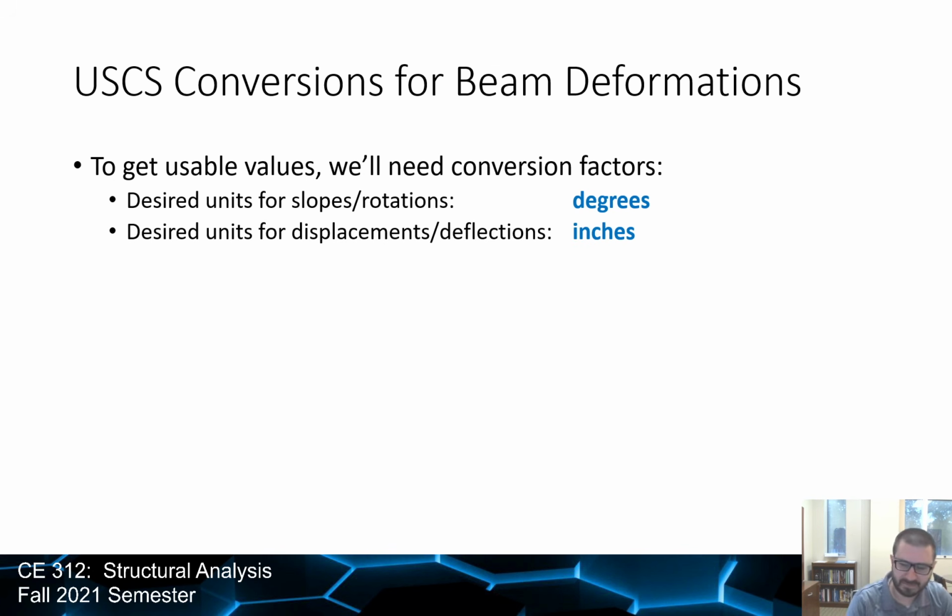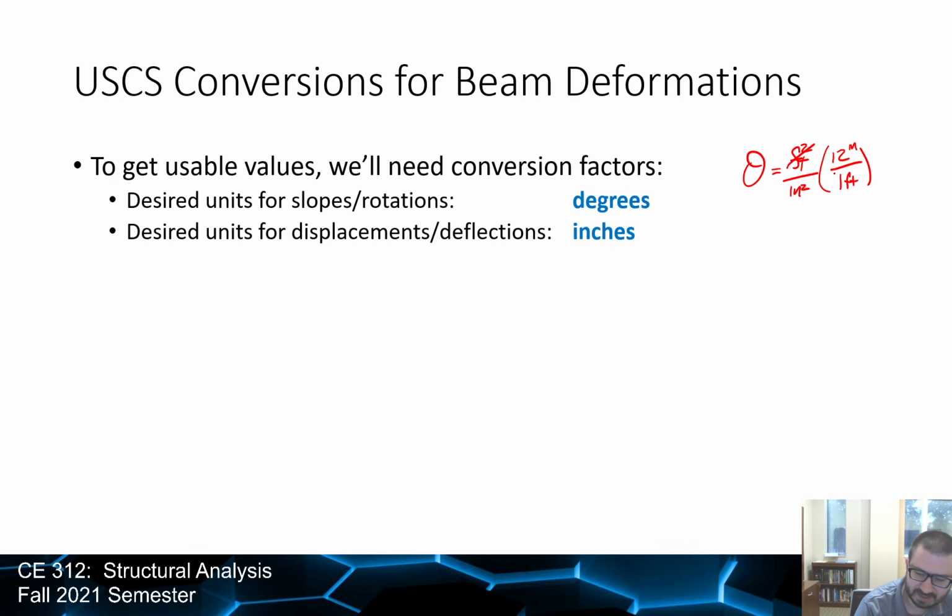Okay, so if you remember, let's take the rotations. We got feet squared per inches squared. So what we might want to do is convert that feet to inches, so maybe 12 inches to 1 foot.